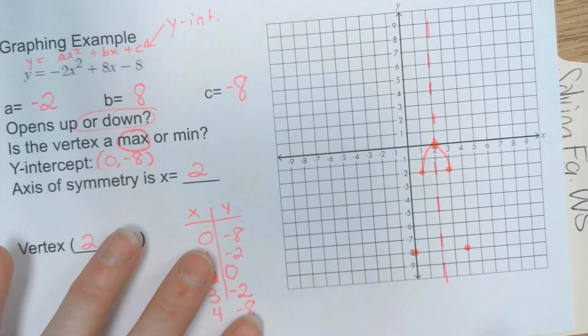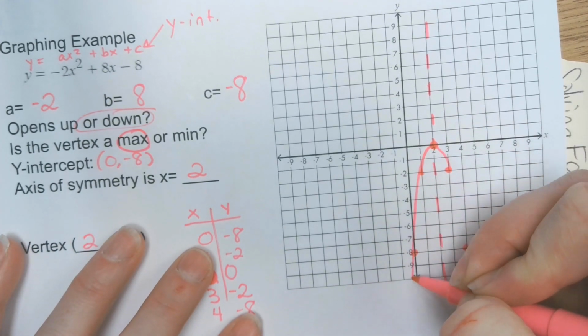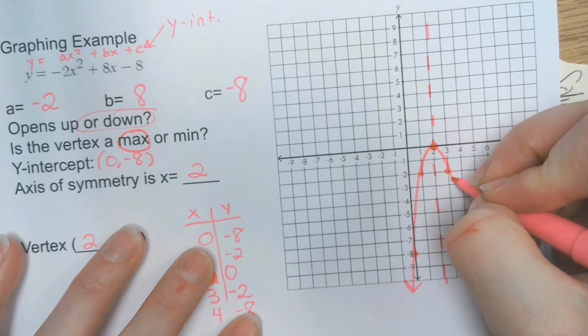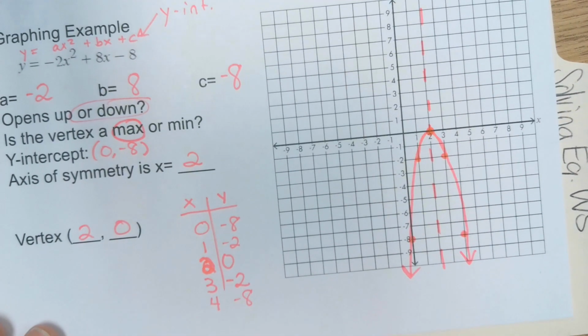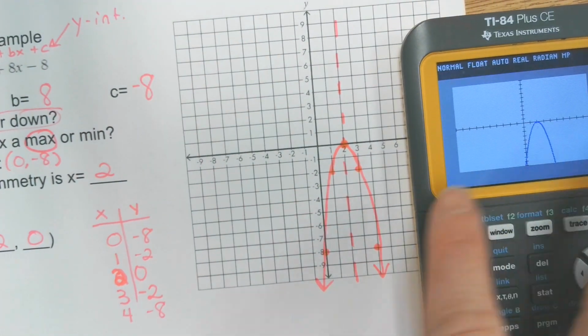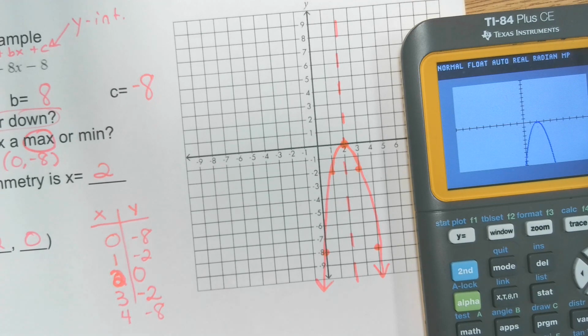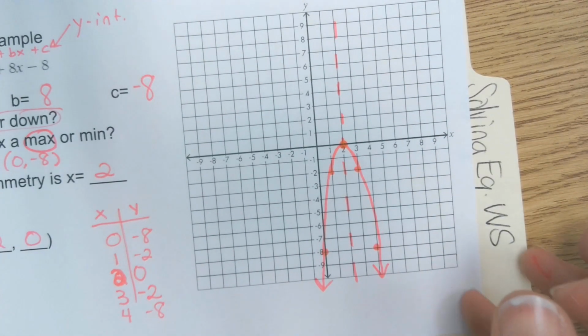I always start out with those first 3 points. And then extend. Okay, and then I just take one more glance at it, make sure they look the same, and they do. So we would be done with that graph.